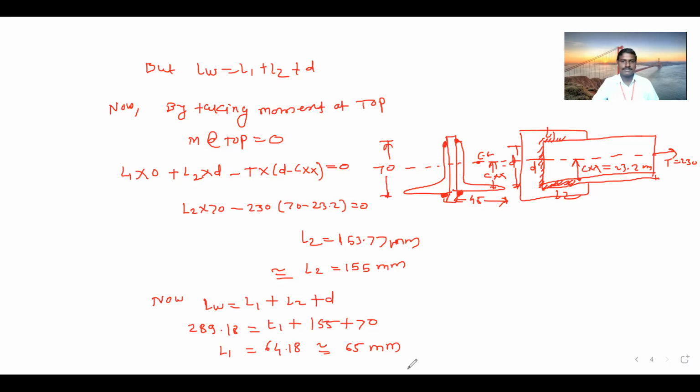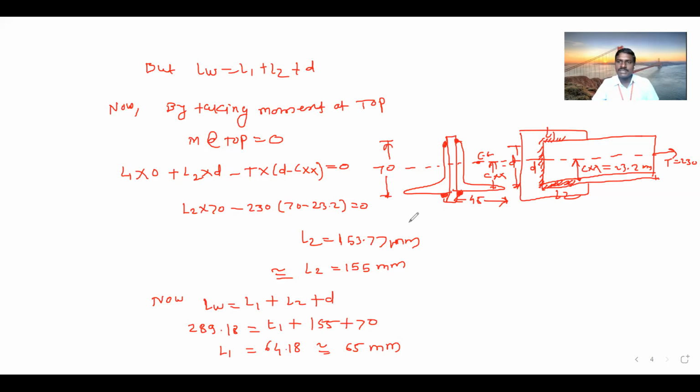Got it? So this is for 65 mm and this 155 mm, for single or for double? Single, because T divided by 2 we have done already. It means 65 at top one side, another side again 65.